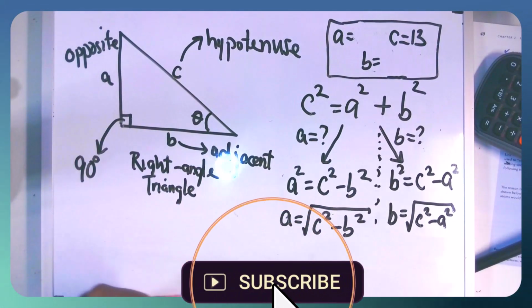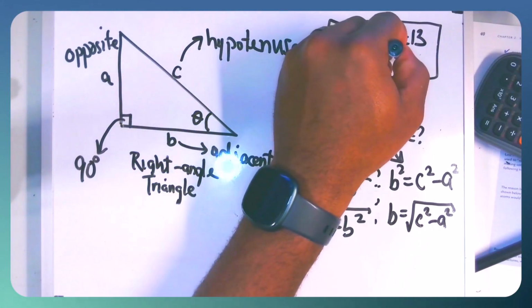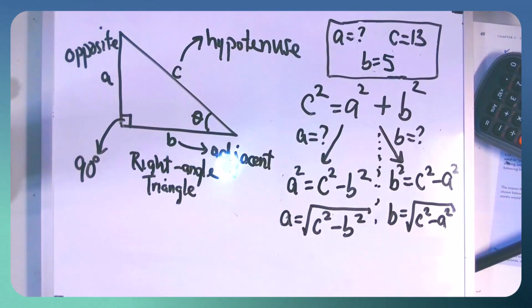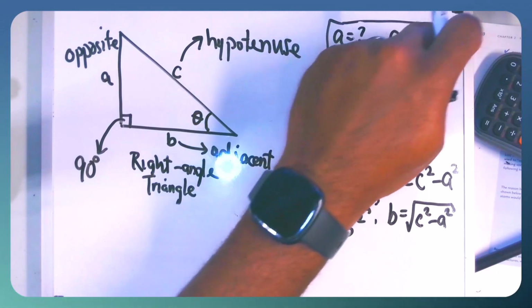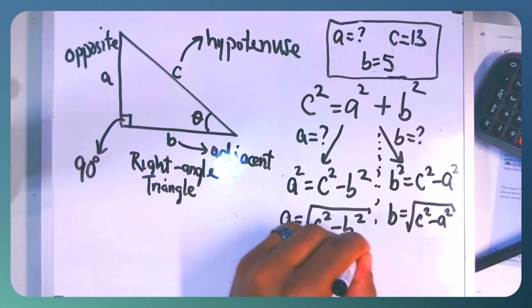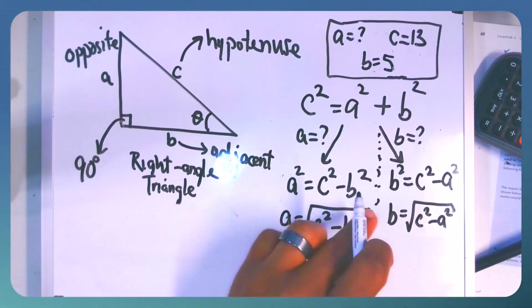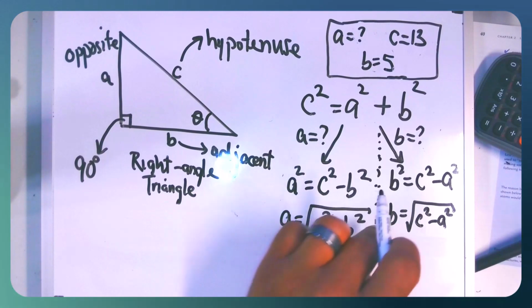On the other hand, if you're not given A but you're given B equal to 5, how are we going to figure out A given C and B? We use the formula where to find A, we do the square root of C squared minus B squared.